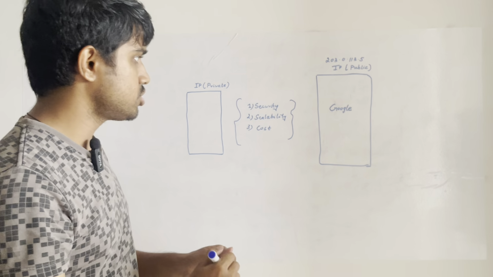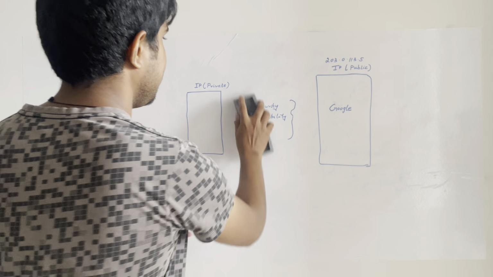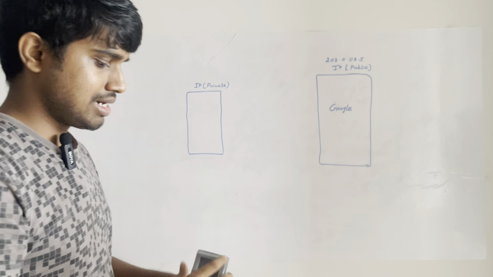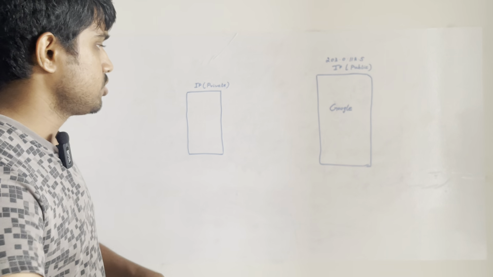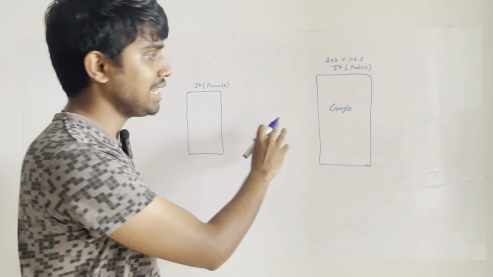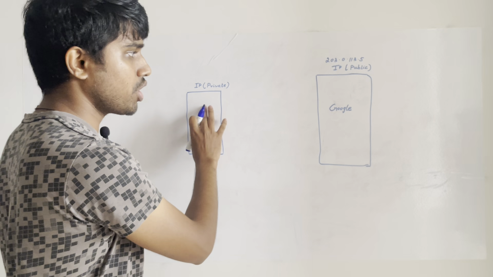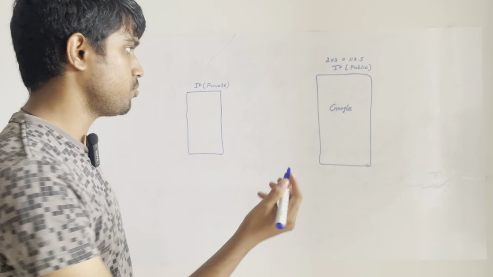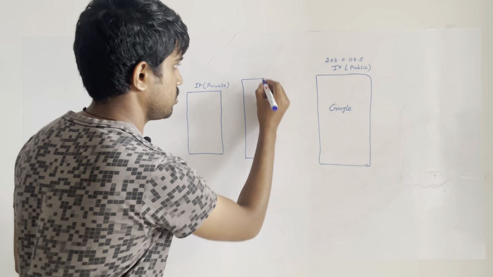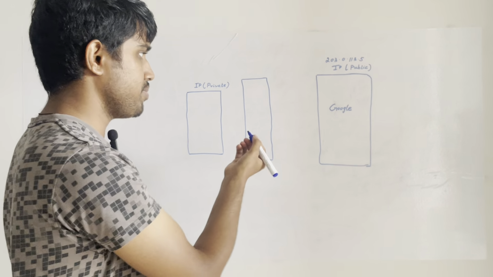So how this works is that, instead of your mobile phone directly exposing itself to Google, saying okay, I am the one calling you, usually there is a router provided by maybe your Wi-Fi provider.